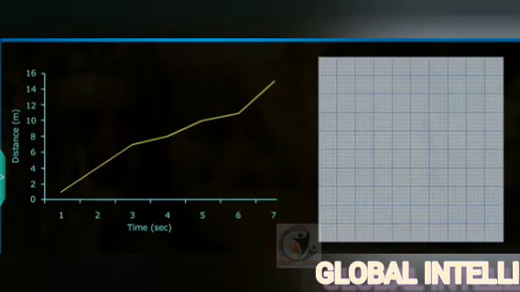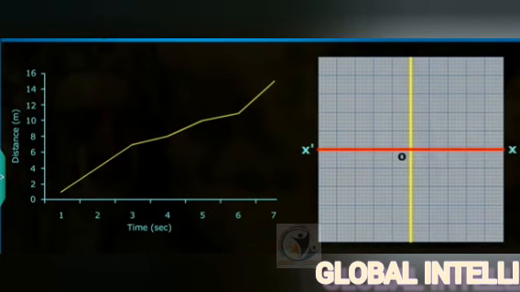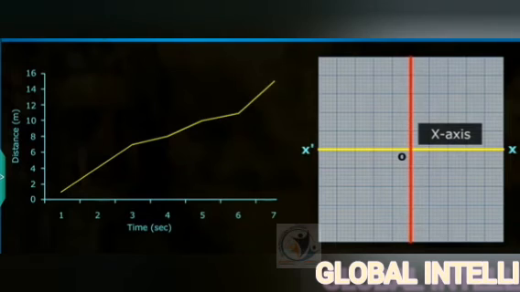To draw the distance time graph, take a sheet of graph paper and draw two lines perpendicular to each other on it. Now mark the horizontal line as XOX dash. It is known as the x-axis. Similarly, mark the vertical line YOY dash. It is called the y-axis.